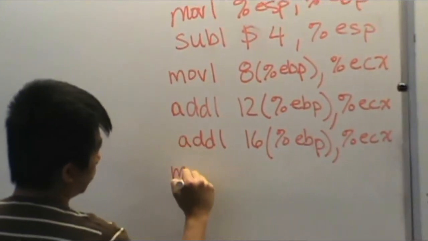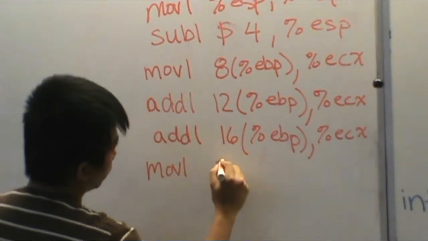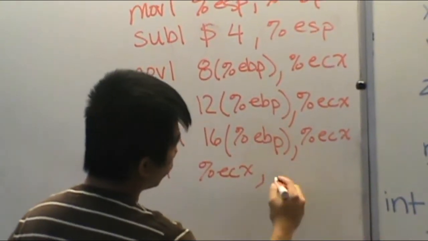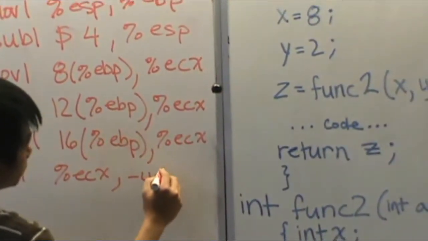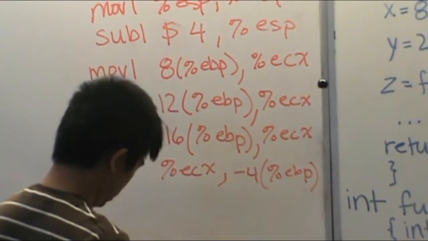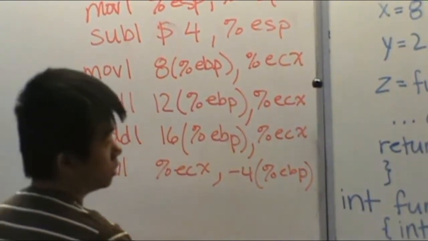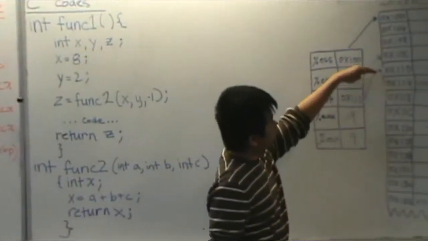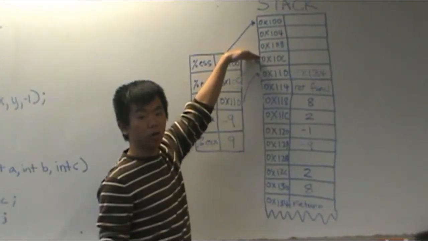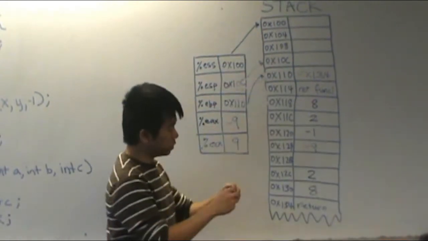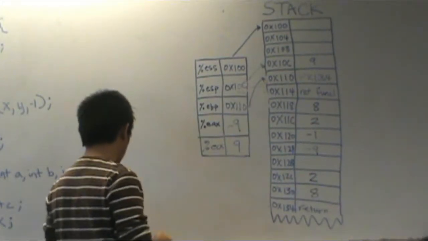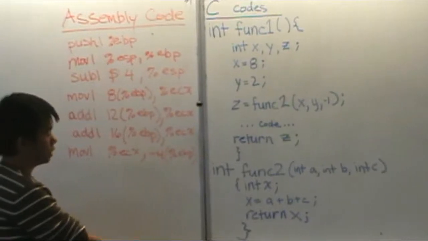Using this command, we move the value in register C to the local variable x, which is -4(%EBP). So -4(%EBP) will move it to here, storing whatever value is in C into here. So this will be 9. Now we have the sum.